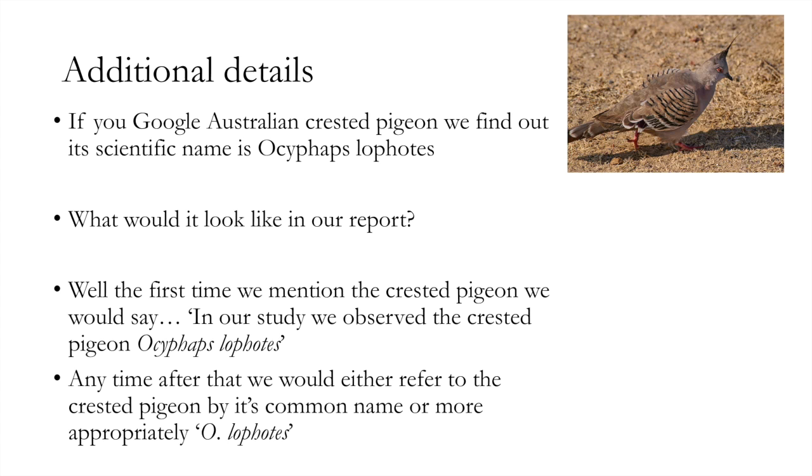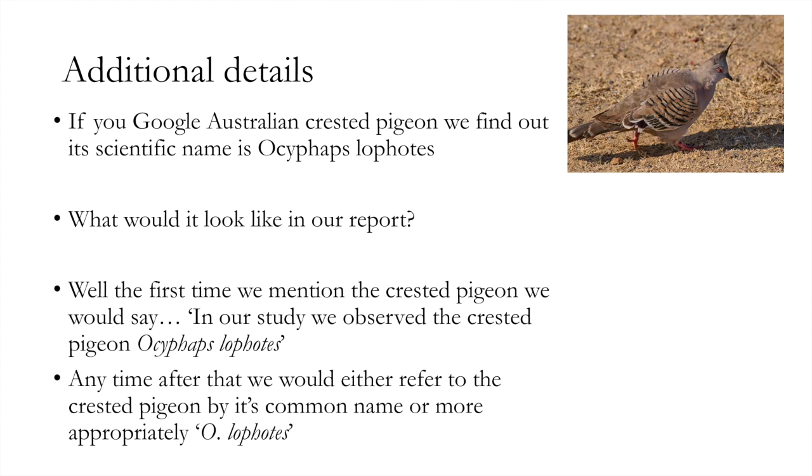record this in my scientific report, but it's really important because it allows us to understand what species you're talking about. And you can quite simply Google Australian crested pigeon, and that name pops up on various websites, so you know that that's the real scientific name.